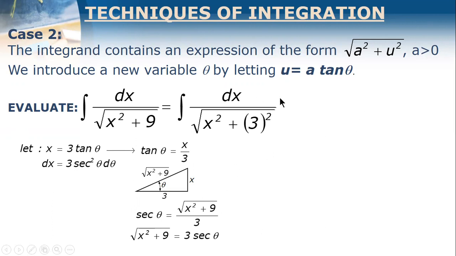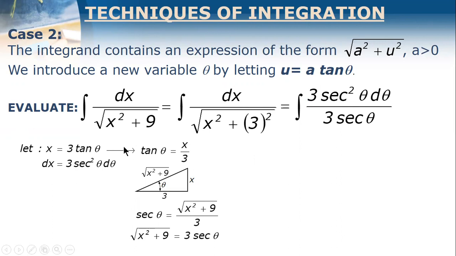So let's substitute dx replaced by 3 secant squared theta d theta, and square root of x squared plus 9 replaced by 3 secant theta. And let's cancel out 3 secant squared theta over 3 secant theta.